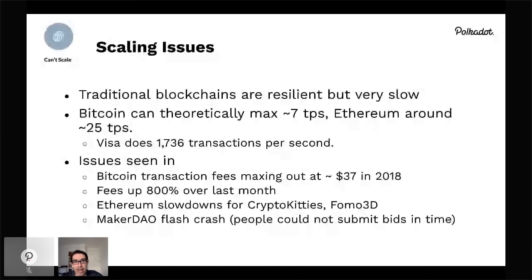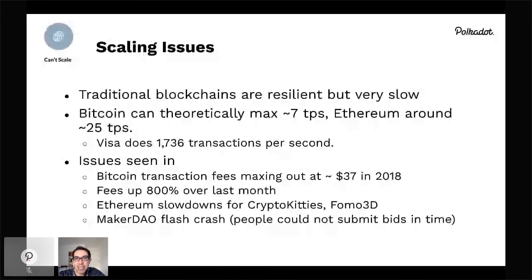Ethereum is a little bit more than that, but Visa alone does over 1,700 transactions per second. So a single network, obviously, is not going to work out. And we see problems with this by having such a small amount of scalability.